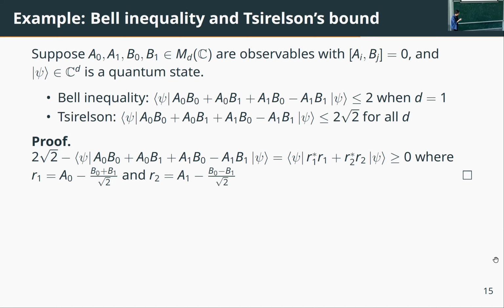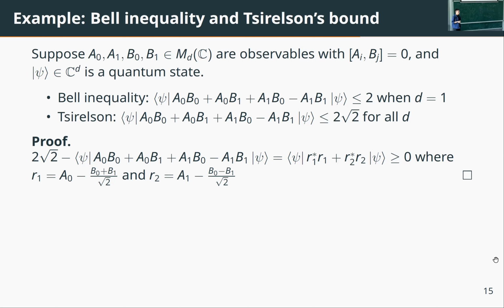So this thing is always greater than or equal to 0. So this part is always less than 2√2, no matter what observables you plug into this expression. Are you using commutativity here? Yeah, I'm using commutativity. So in the language of nonlocal games, I assume this is a commuting operator strategy.